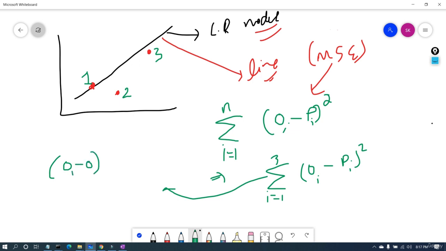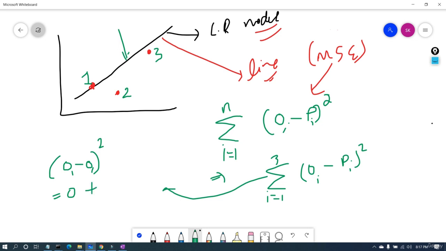The observed value is the actual value, and the other is the value given by this model. Model means this straight line. We are going to check only the distance, and the distance between this observed point and this model line is 0. So for the first data point there is no error, which means it is 0.